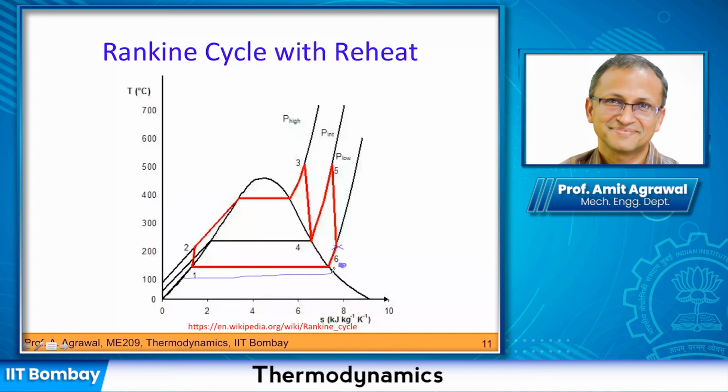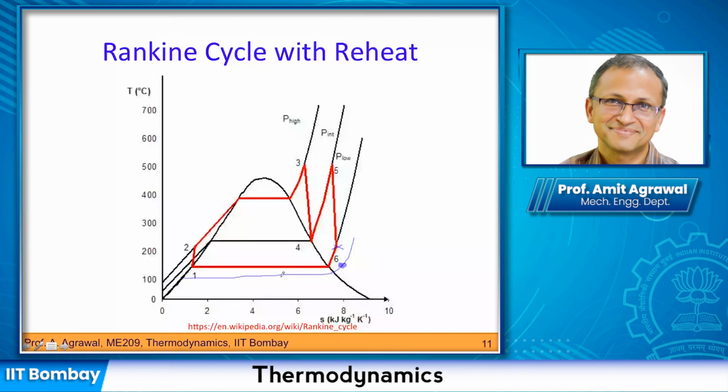Okay, so then my condenser. So basically what we are doing is we are taking this steam in the condenser, we are rejecting heat, and we are changing the state of this steam from the state corresponding to point 6 to point 1. Okay, so from 6 to 1, there is only heat rejection. This is only heat rejection, correct?